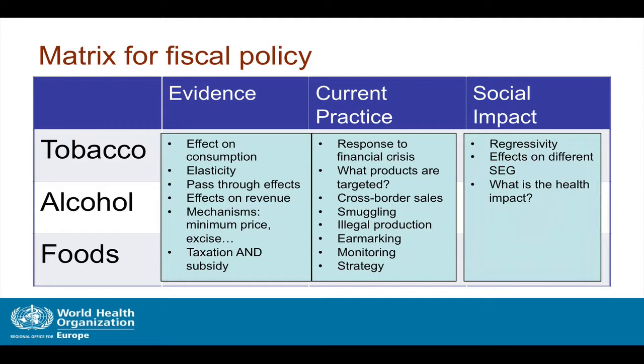So the Minister of Health saw neither the money nor the health benefits, whereas the Minister of Finance was very supportive. All those things have to be considered when you want to plan and use this very powerful and important tool, fiscal policy, to prevent NCDs.